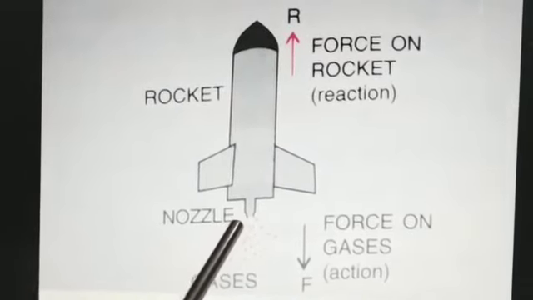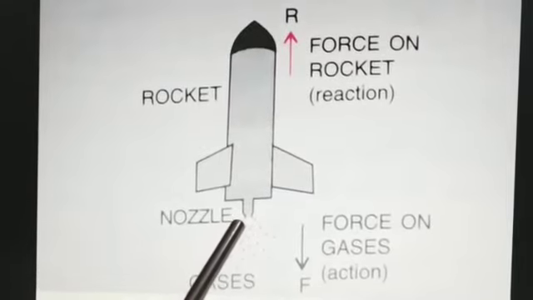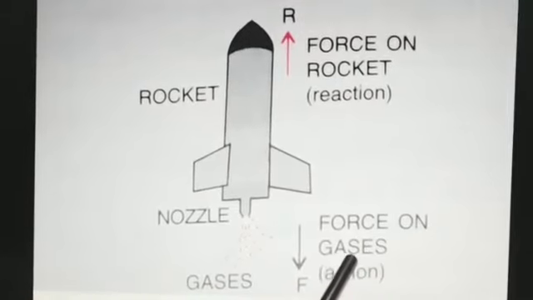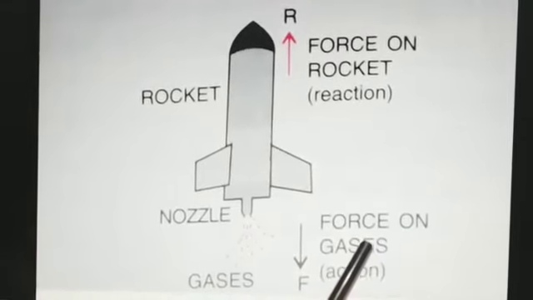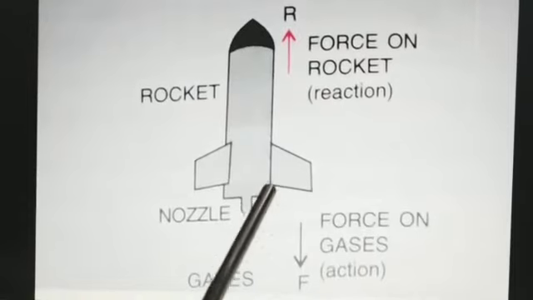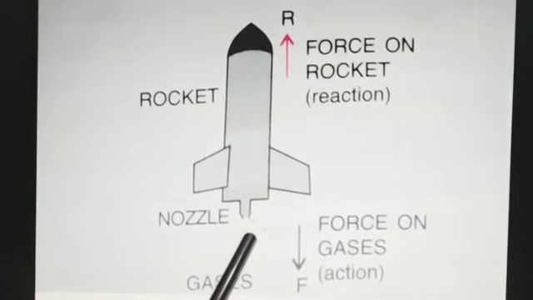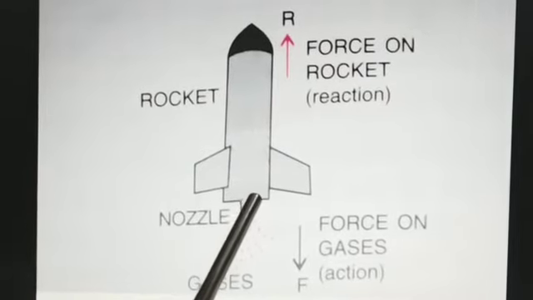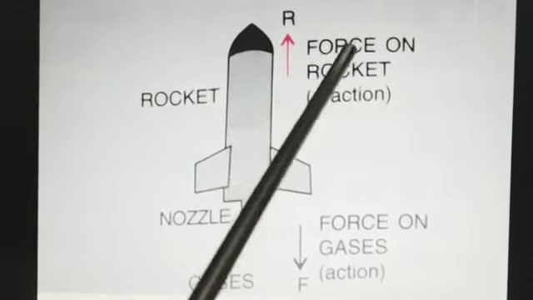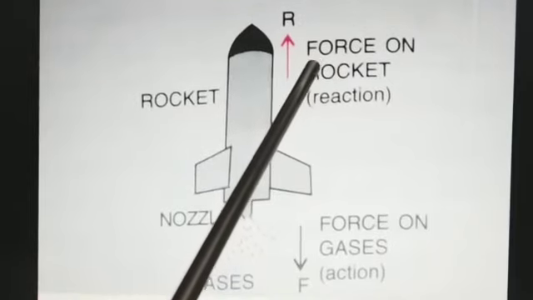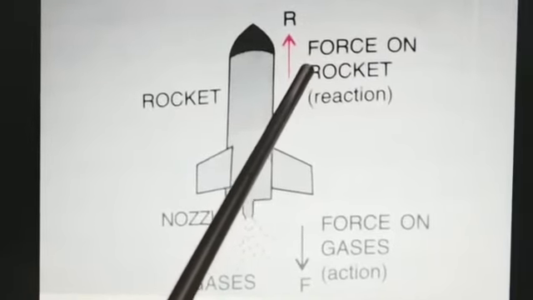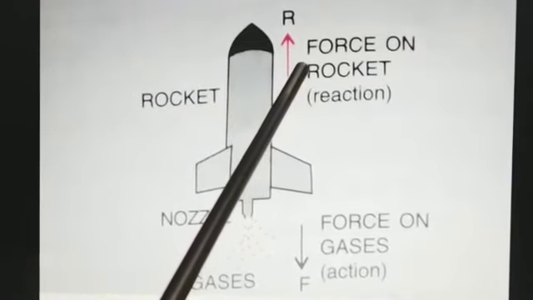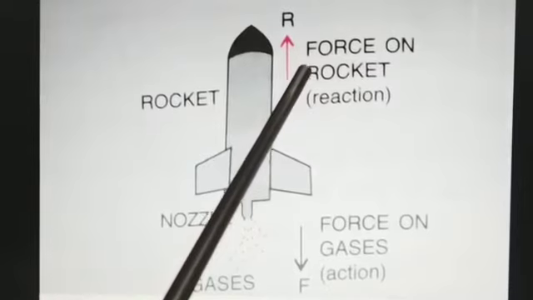Thus, the rocket exerts an action force on gases to expel them through the nozzle backward. The outgoing gases exert an equal and opposite force, which is the reaction on the rocket, due to which it moves in the upward or forward direction.